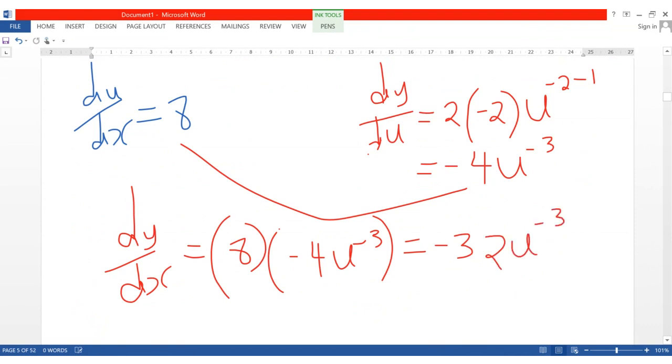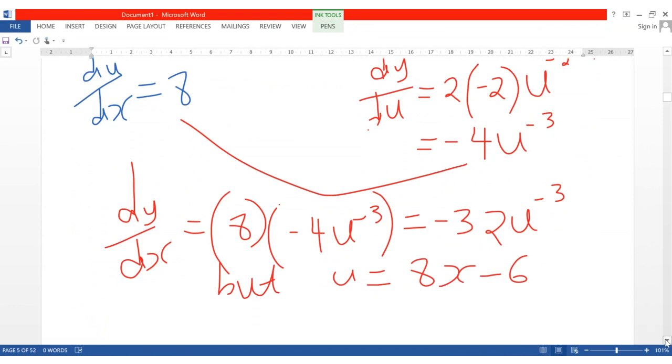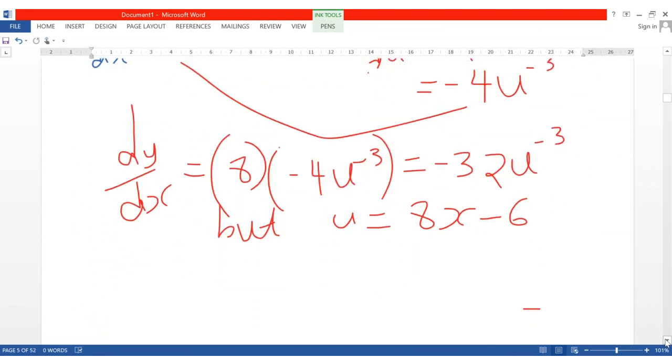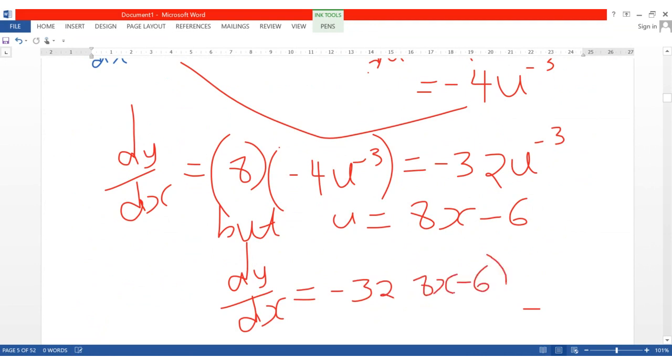But u was 8x minus 6, so I replace that value back, because u was only assisting us to differentiate. We need our final answer in terms of x, not u. It is negative 32 times (8x minus 6) raised to negative 3. And that is the final answer.